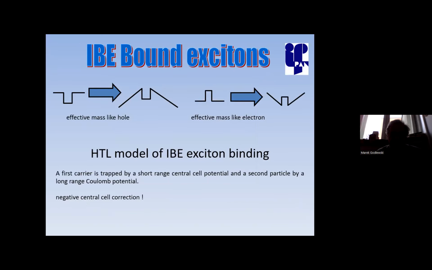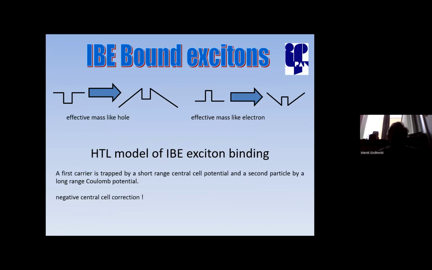The obvious question is, is it possible? I looked for a model due to Hopfield, Thomas and Lynch, HTL, which was proposed to describe what in physics we incorrectly call an isoelectronic bound exciton center. It should be isovalent center bound exciton.